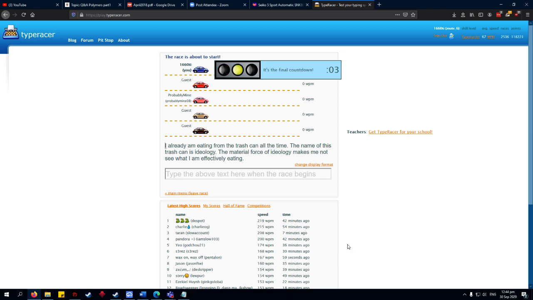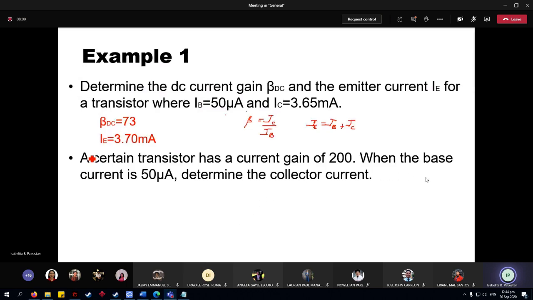How about this? A certain transistor has a current gain of 200 when the base current is 50 microamperes. So what is 200 here? Beta. Okay, beta. Of course, number one, it says current gain, and you do not call alpha a current gain.